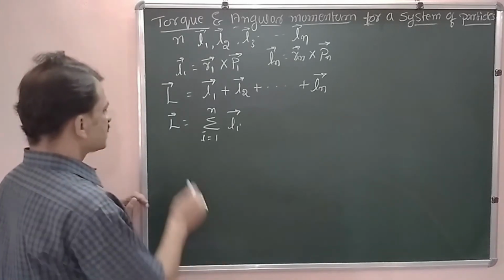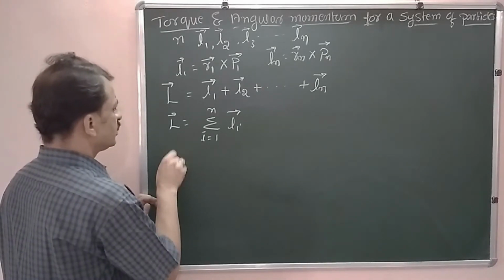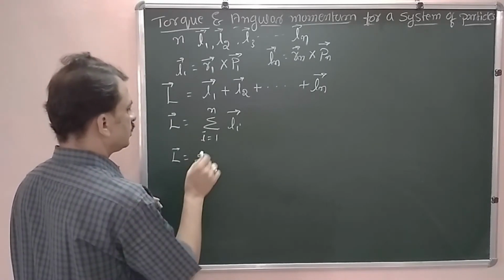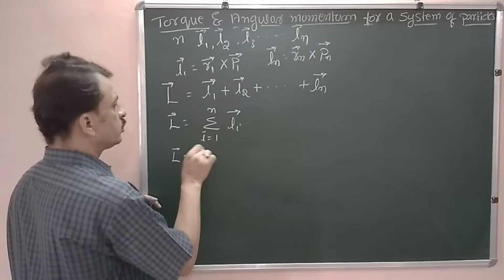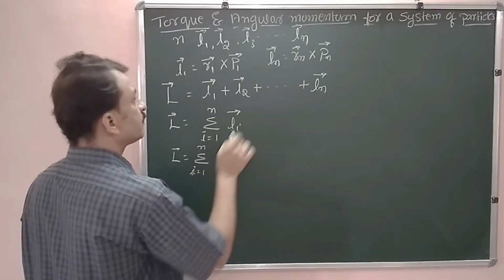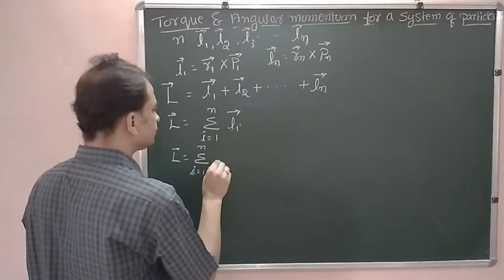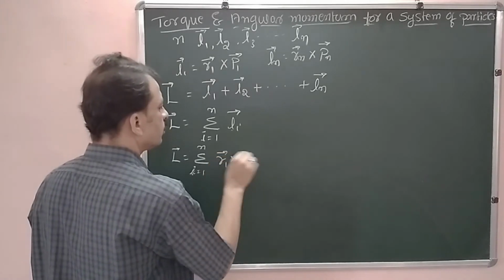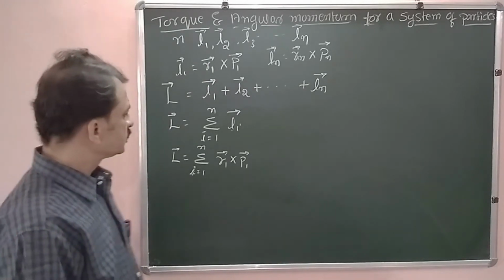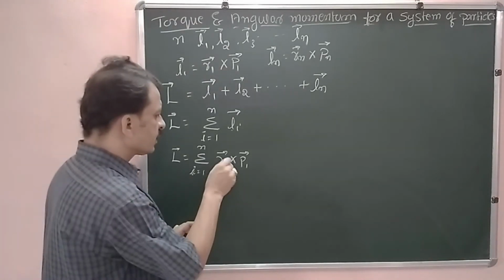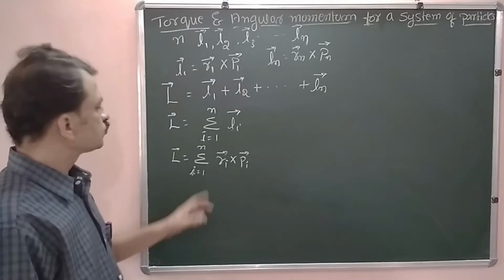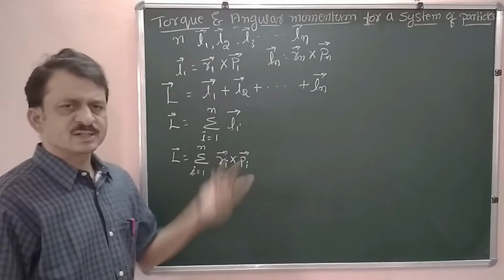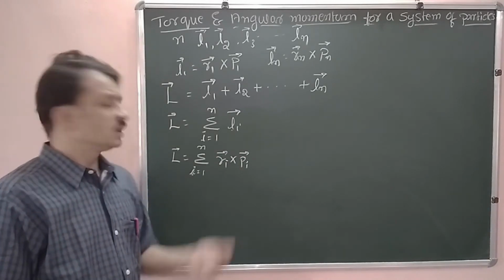In the previous lectures we studied that the total angular momentum is given by the sum of Li, with i from 1 to n. Li can be written as ri cross pi, which is nothing but the angular momentum.